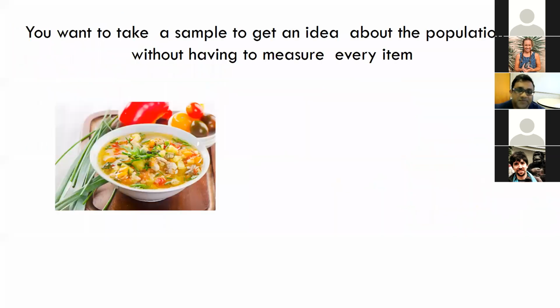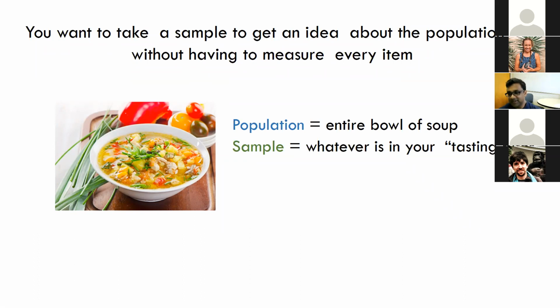All right. So basically, sampling and population. The population is your entire bowl of soup, and whatever you taste is your sample, right? If you collect the sample correctly, you taste correctly, you can interpret your soup.